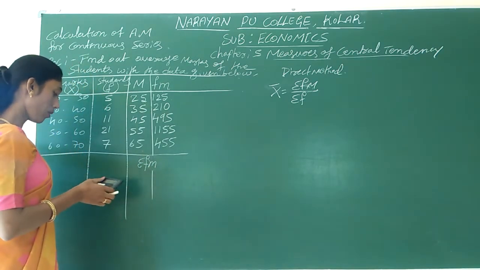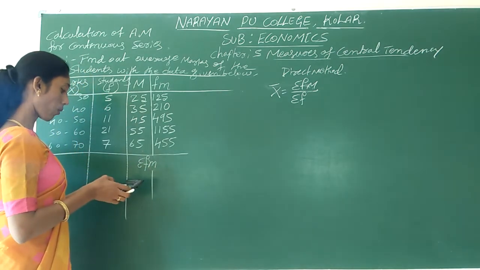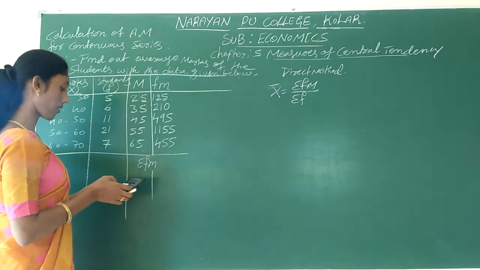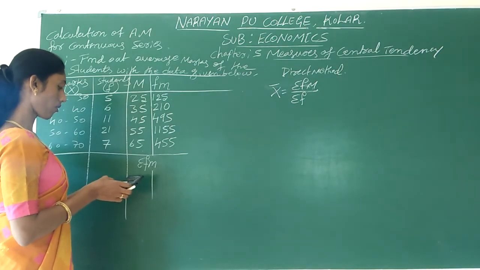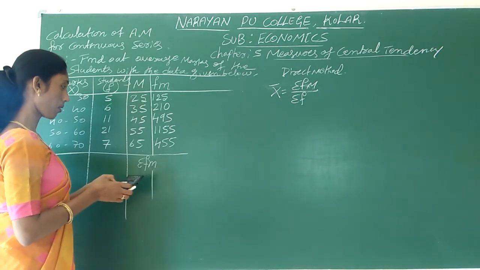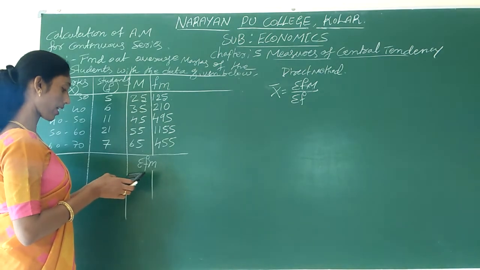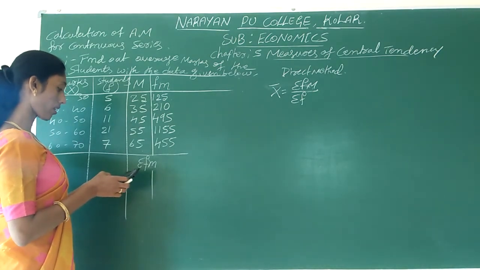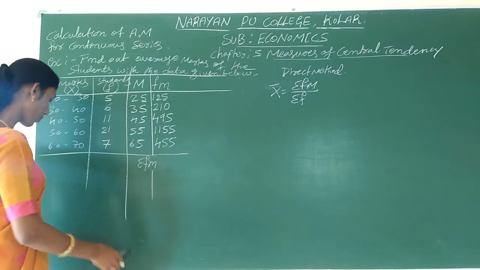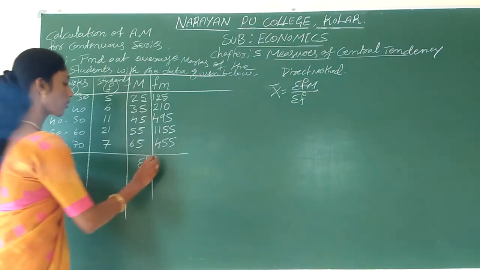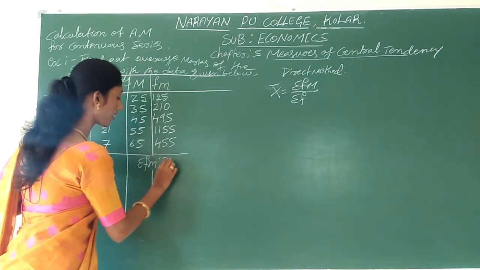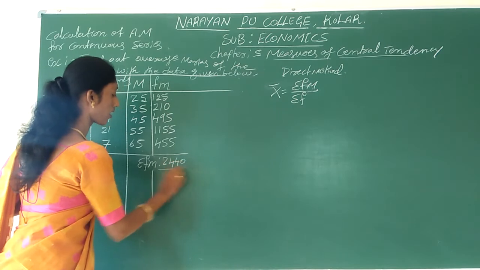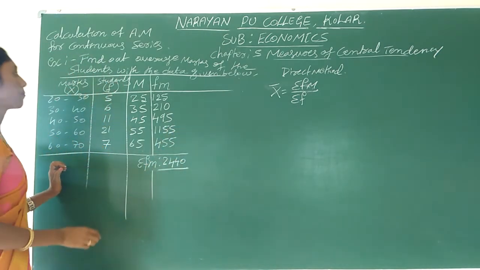Just add it now: 1155 plus 495 plus 210 plus 125 and so on. The answer we get is 2440.